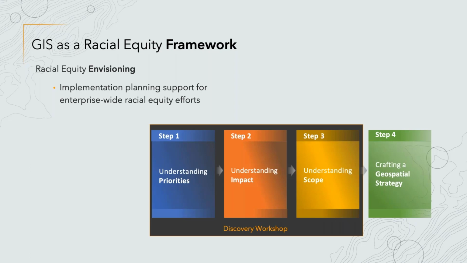So we're making available resources to facilitate the understanding of priorities, impact, and scope in a structured manner to create geospatial strategies that align with leaders, to help orchestrate the delivery of geospatial capabilities to drive racial equity throughout your communities. And this envisioning process is derived largely from the work of organizations like Race Forward that help organizations like yours develop racial equity action plans.